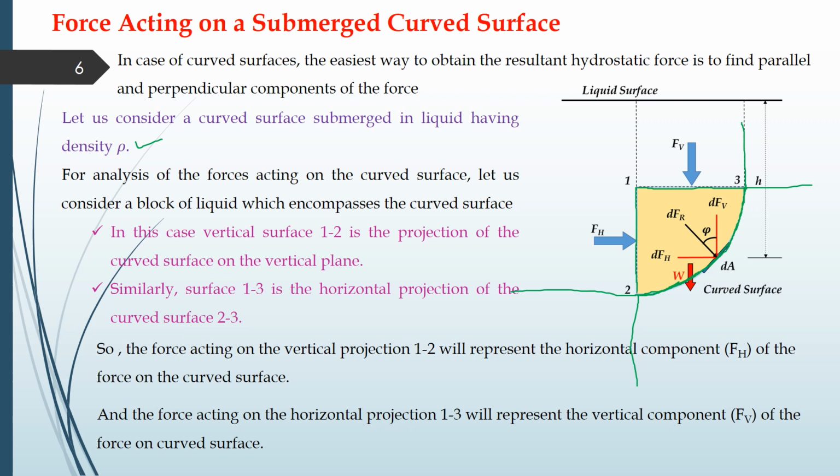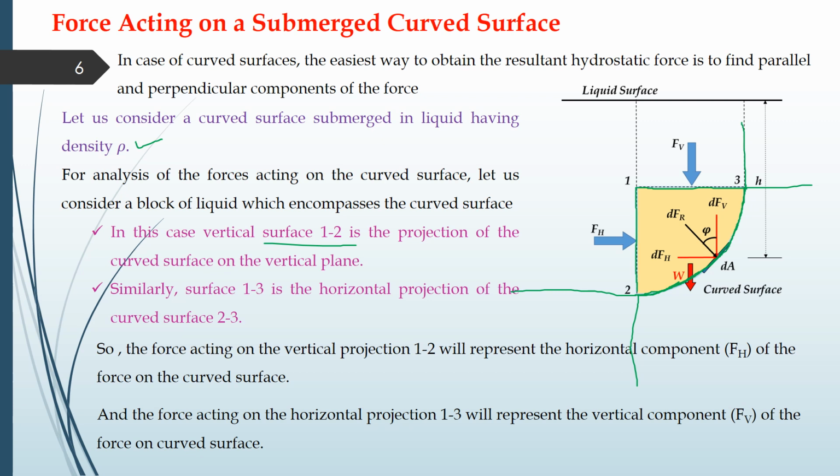We will try to find the force which is acting on this liquid block. The vertical surface 1 2 is basically the projection of this curved surface on that area.